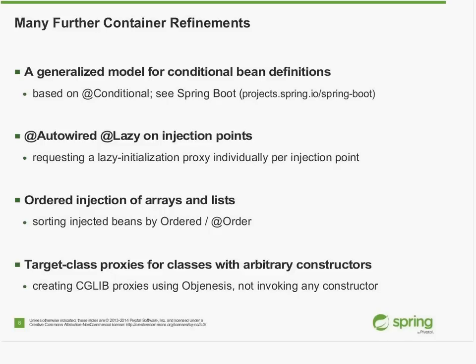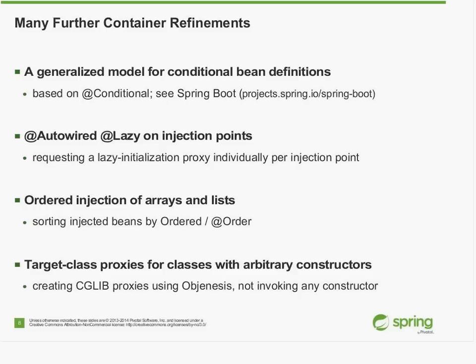It's repackaged in Spring. You just get it with Spring Framework 4, so you don't have to worry about a dependency here. The key here is we're creating target class proxy instances without calling a constructor now. Objenesis is an enabler to allow us to create instances without a constructor invocation.